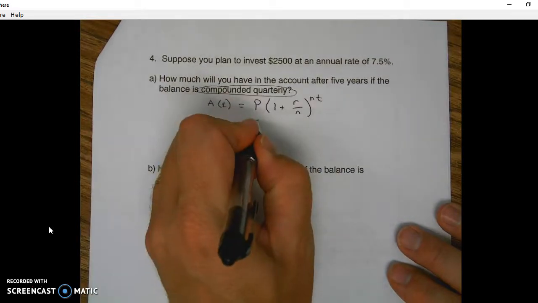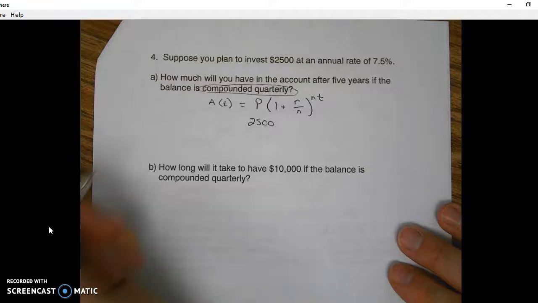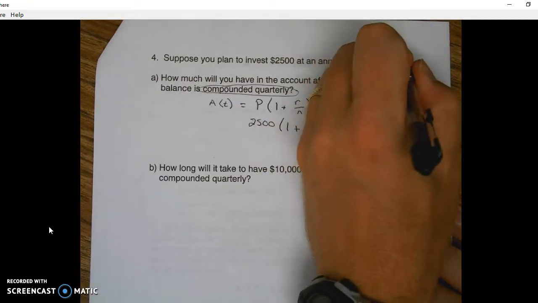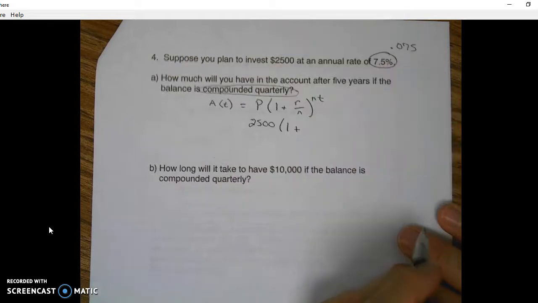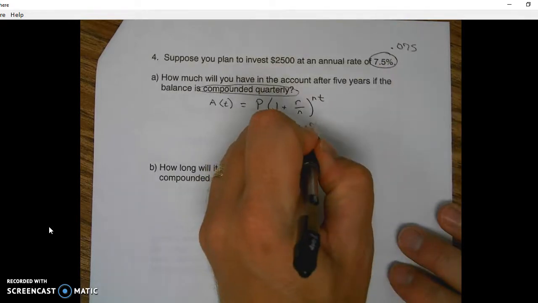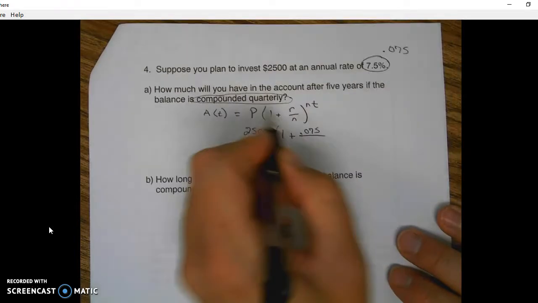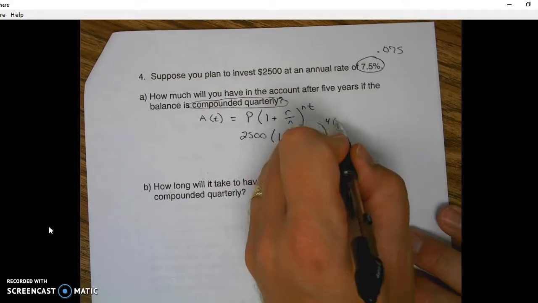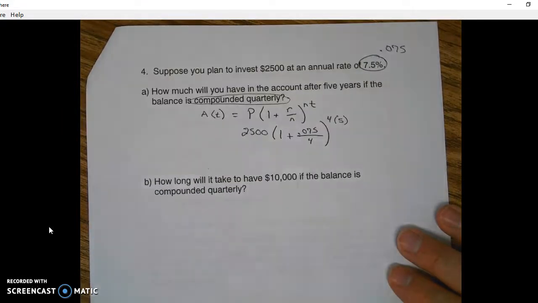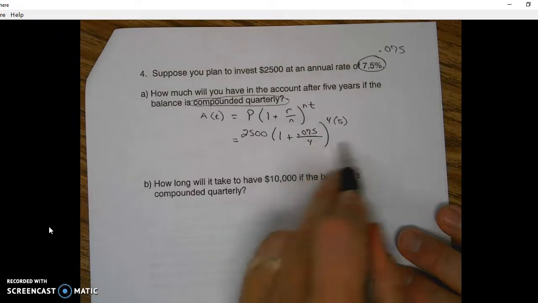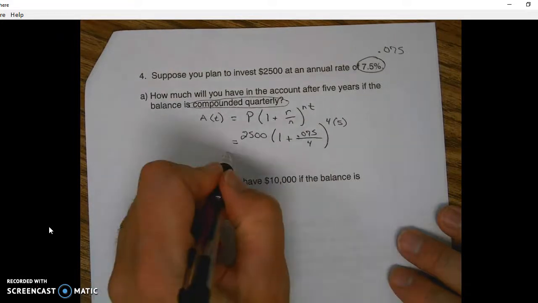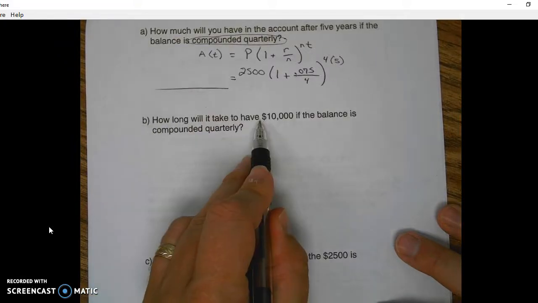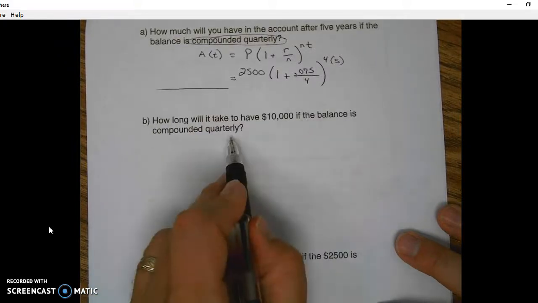Investing 2,500. Rate, don't forget, divide it by 100. Quarterly, so that's a 4. 5 years. Plug this in your calculator. There's your answer.